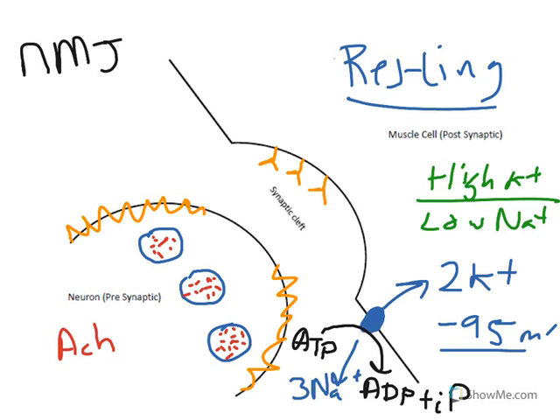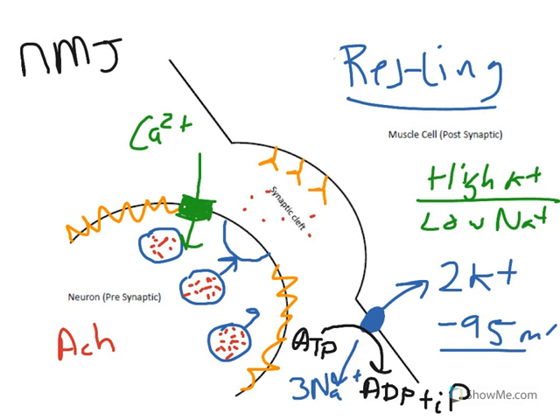When this happens, voltage-gated calcium channels open on the neuron, and calcium from the outside comes in, Ca2+. Calcium comes in and results in exocytosis of neurotransmitters. The neurotransmitter vesicles bind to the presynaptic cell's membrane at the terminal end, and because they are made of the same stuff, it results in exocytosis of acetylcholine.